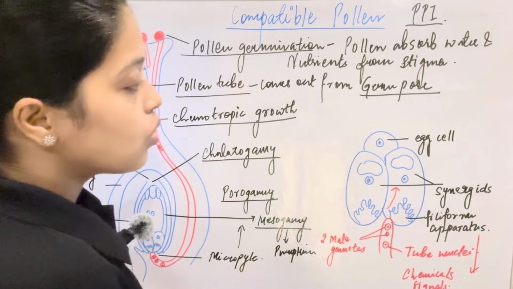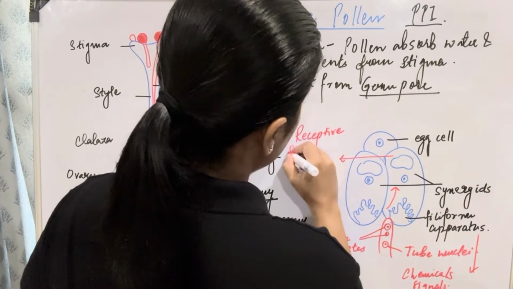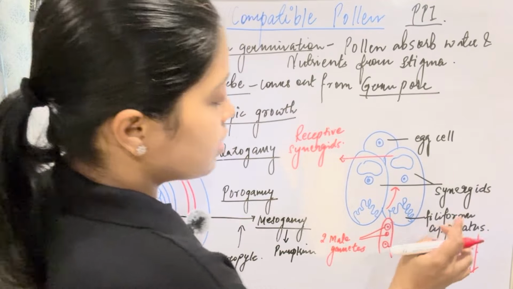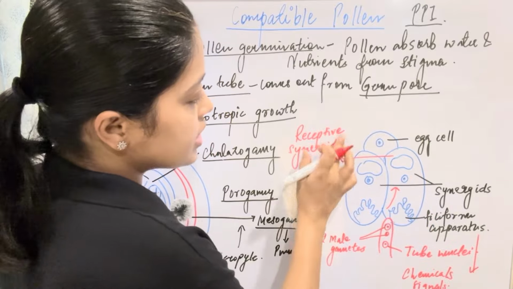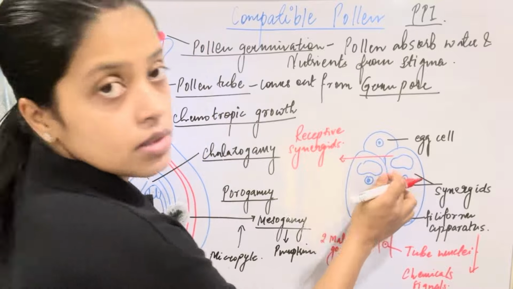One of the synergids is called the receptive synergid. It will guide the pollen tube to enter from this region.